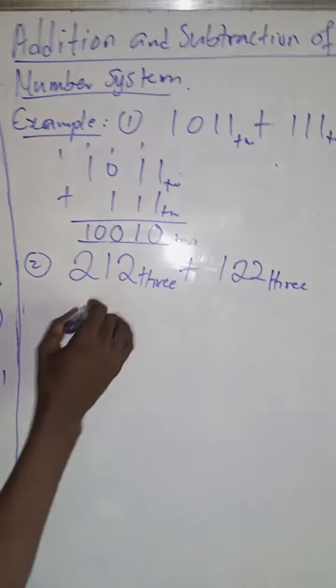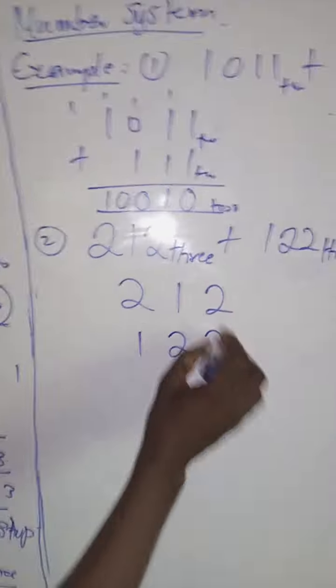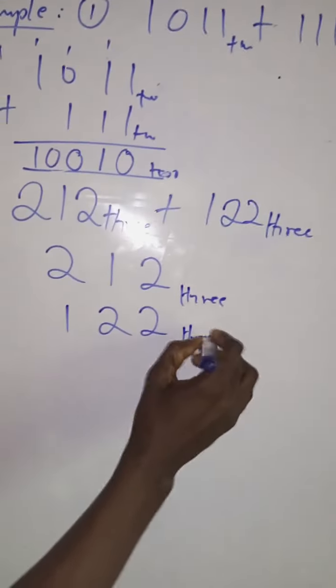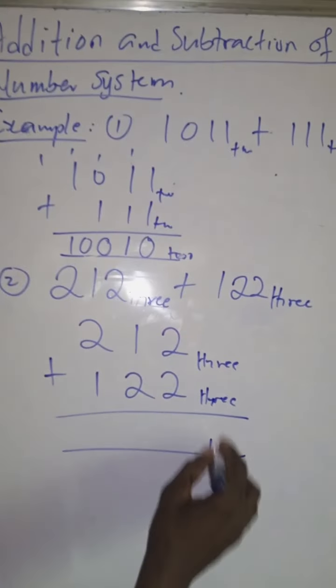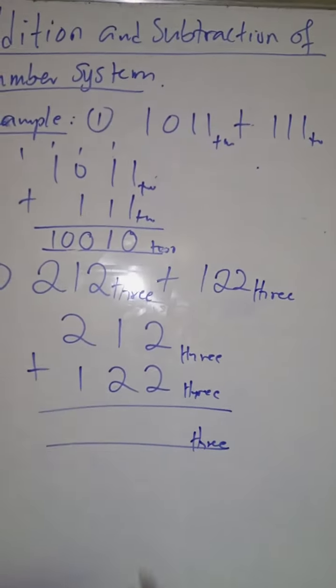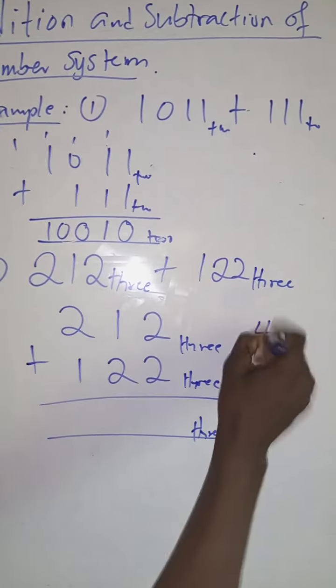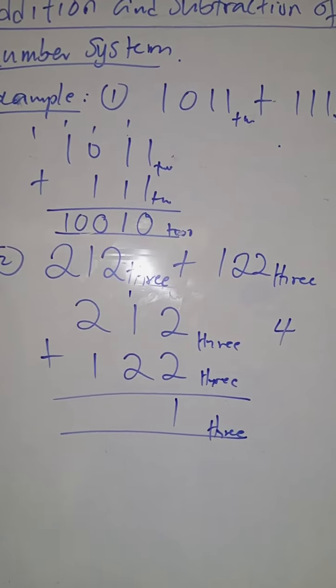So this one, 2 1 2, let's solve it, and 1 2 2. We say base 3. Let's add in base 3. So my answer must not be up to 3. If you add this one, it gives me 4. How many 3 can I get there? 1, but remainder 1.